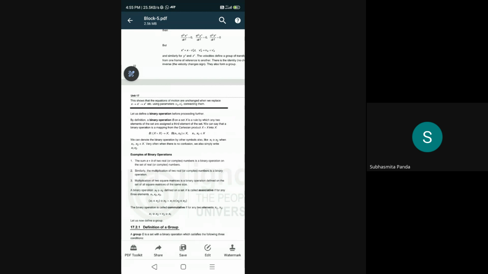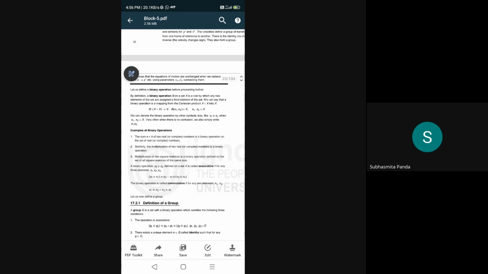Similarly, the multiplication of two real or complex numbers is a binary operation. Multiplication of two square matrices is a binary operation defined on the set of all square matrices of the same size. A binary operation defined on a set X is called associative if, for any three elements x1, x2 and x3, the grouping does not matter. And the binary operation is called commutative if for any two elements x1 and x2, x1 x2 is equal to x2 x1.